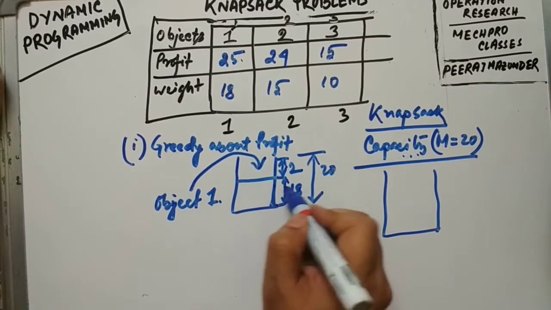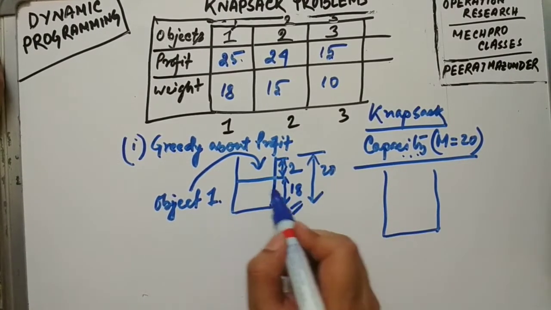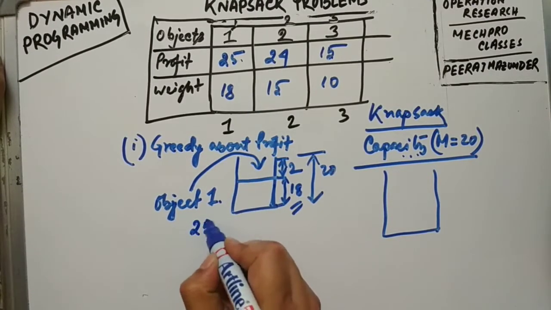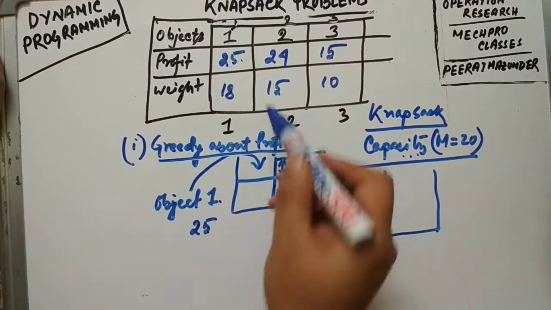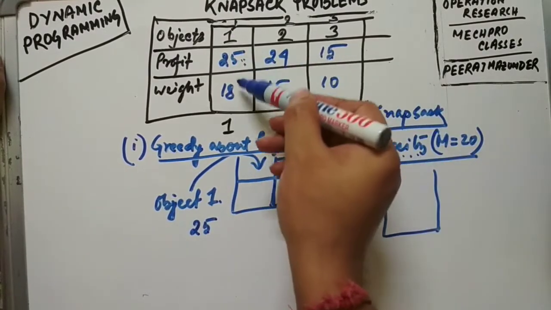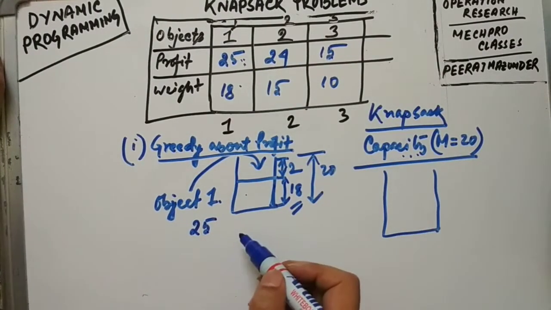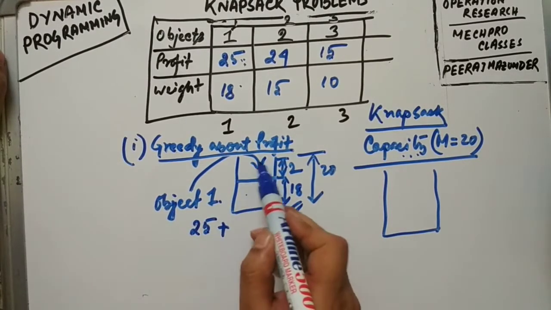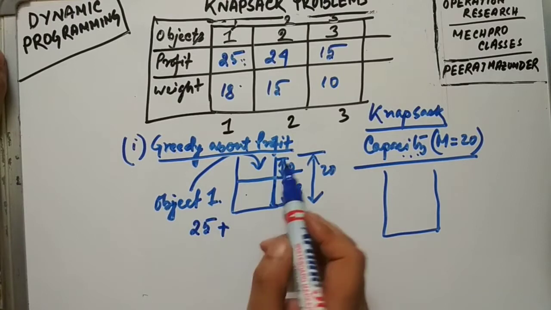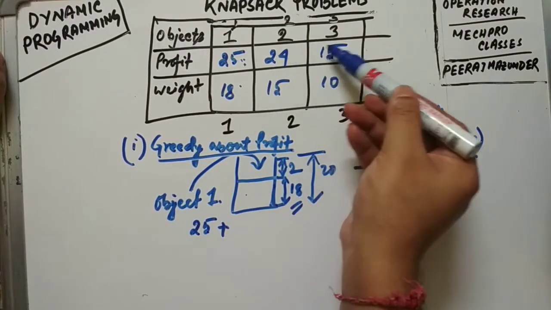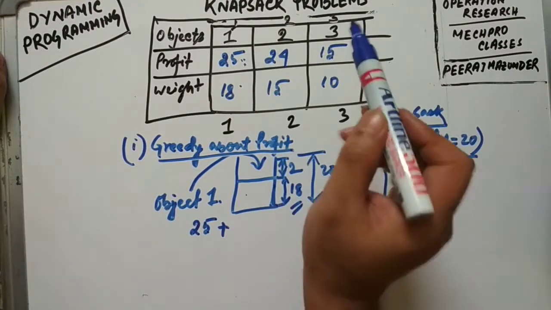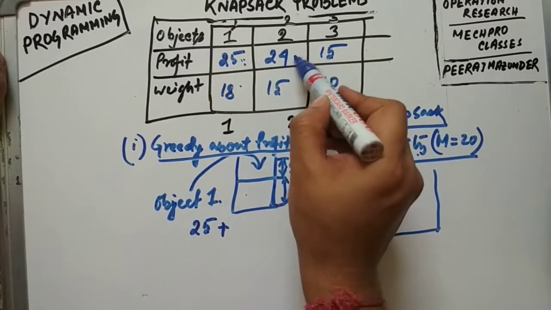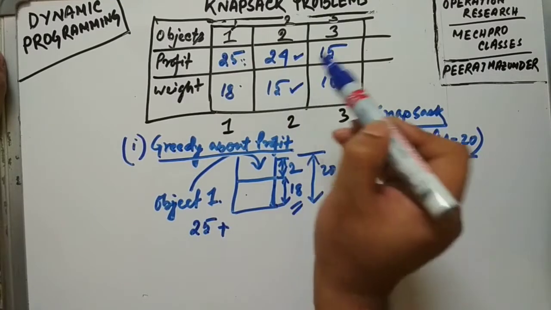For filling the knapsack with 18 capacity weight, we have got the profit of 25. As we are greedy about profit, we first consider the highest profit and fill the corresponding weight in this bag. Now we have only 2 units of capacity left, so we have to check the next larger profit in this matrix, which is 24, and the corresponding weight is 15.